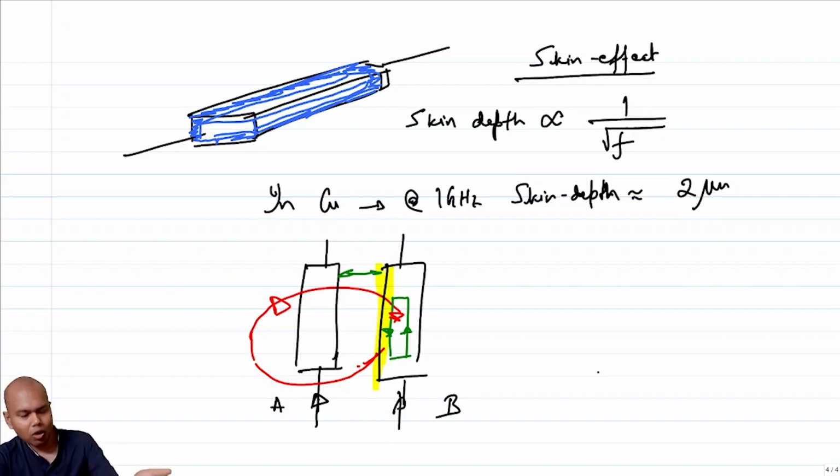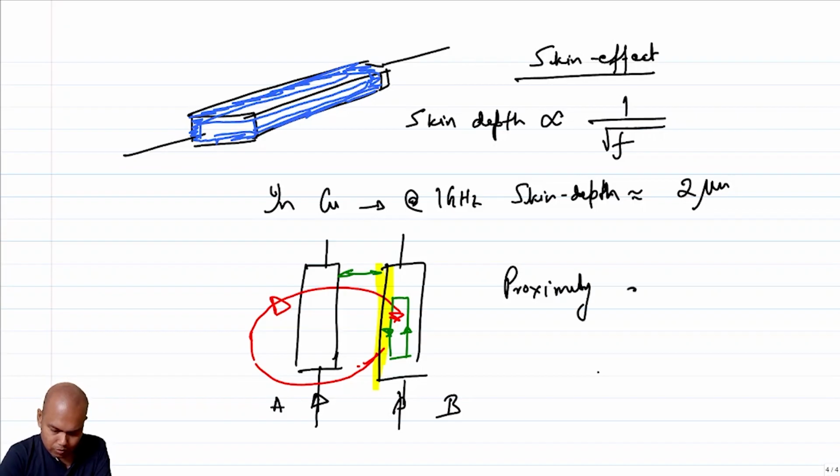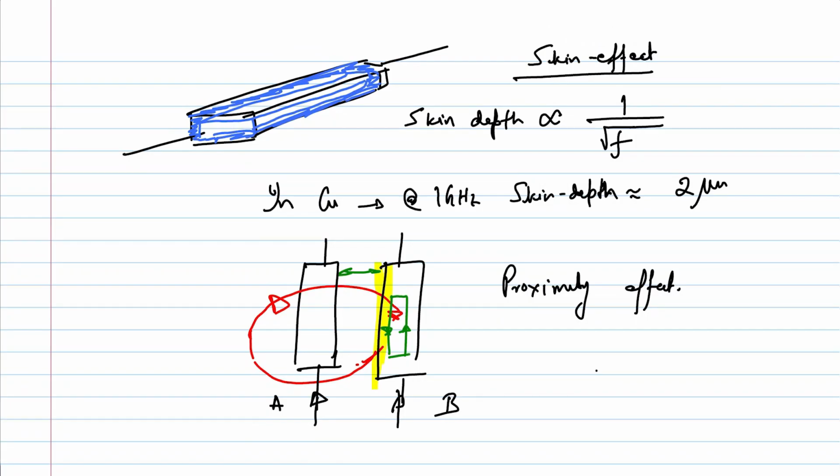So as you can see, all these effects, what are they doing? Effectively I can bunch them together and say that there is an increase in resistance, right? By the way, before I move on, this type of thing is called a proximity effect, right? So you are going to have an increase in resistance due to skin depth, due to proximity effect. We are not done yet.